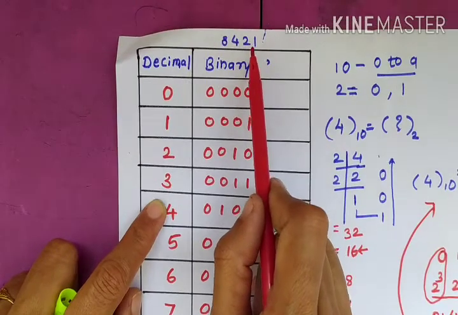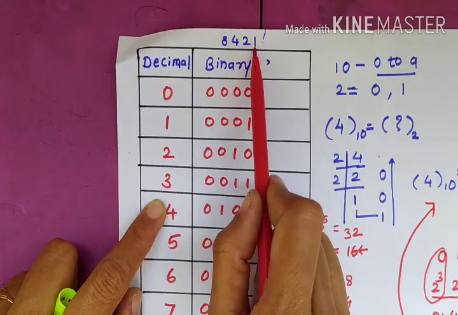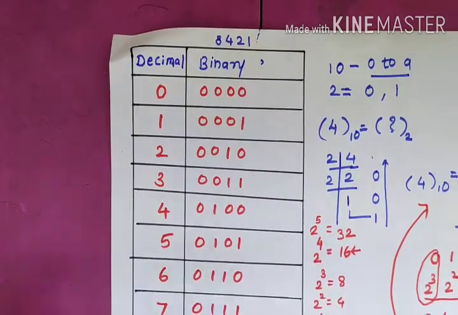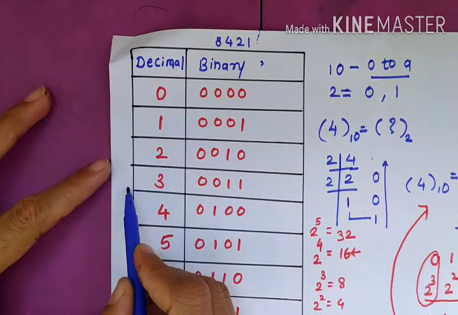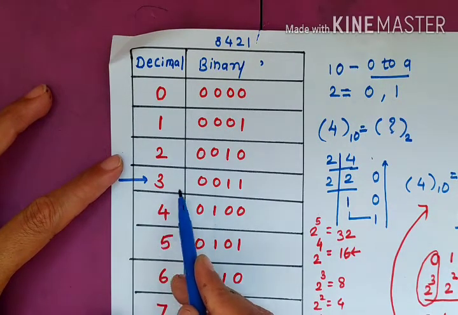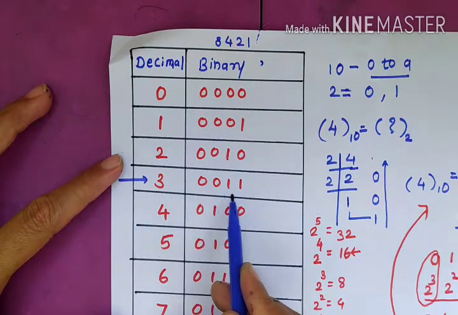Okay, see, 2 plus 1 is equal to 3. Then you have to write 1 below this 2 digit and this 1 digit. See here, this is the decimal 3, and you have to represent this 3 decimal in binary.